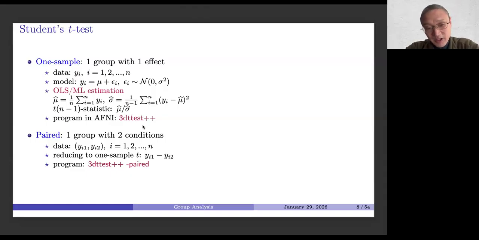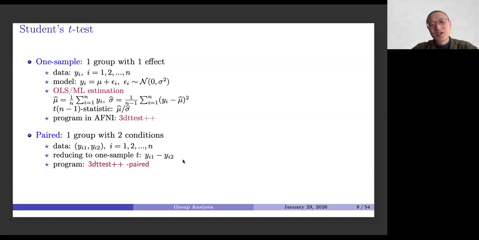Paired t-test, why is it called paired? That's because usually we have one group of participants, but two conditions. Suppose happy and sad, and we want to compare the two. So each voxel and each participant has two data points. The model is pretty much the same as the one sample t-test. Why is it the same?